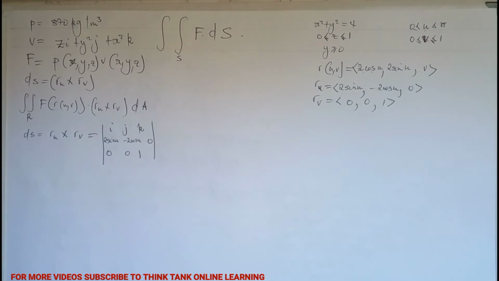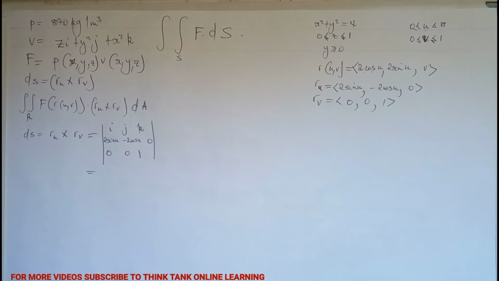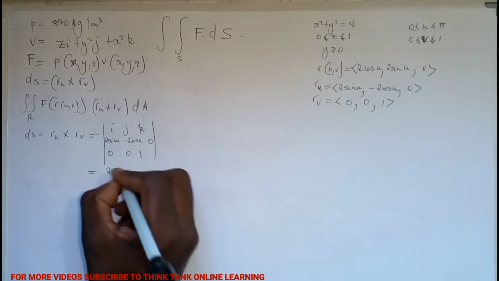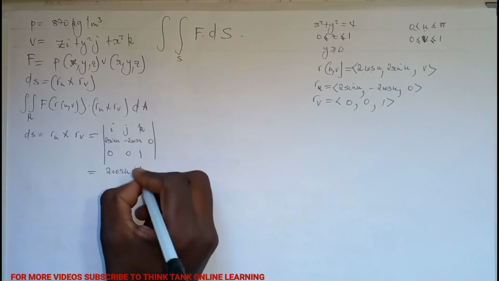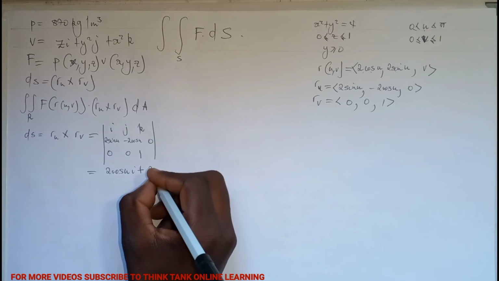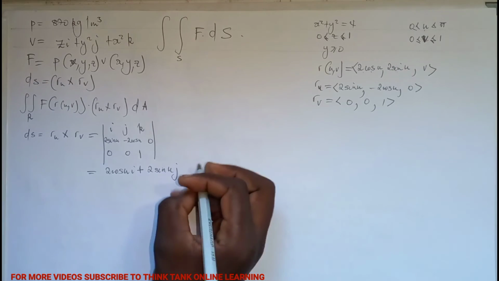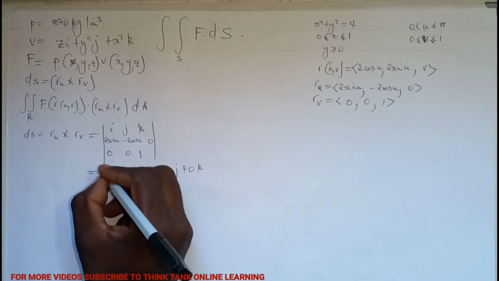To save time, I'm going to leave the computation to you. If you compute it, you're going to get 2 cos u i plus 2 sin u j and 0k.